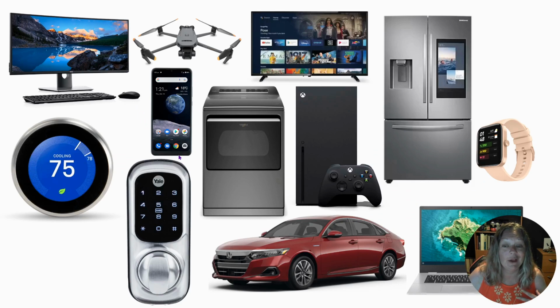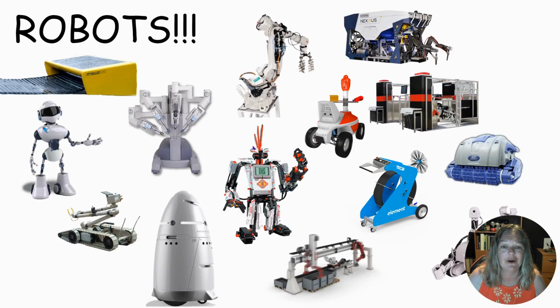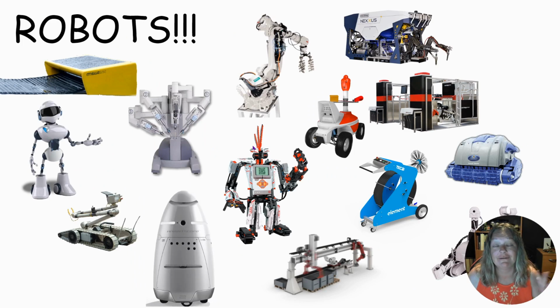We know we can get the kids excited by talking about all the things that have coding in them. Almost everything that we use nowadays has some type of technology, and there's probably a little bit of software programming in there. And if you know how to program software, you know how to make all of these things do exactly what you want. And of course, the world of robots is ever advancing.